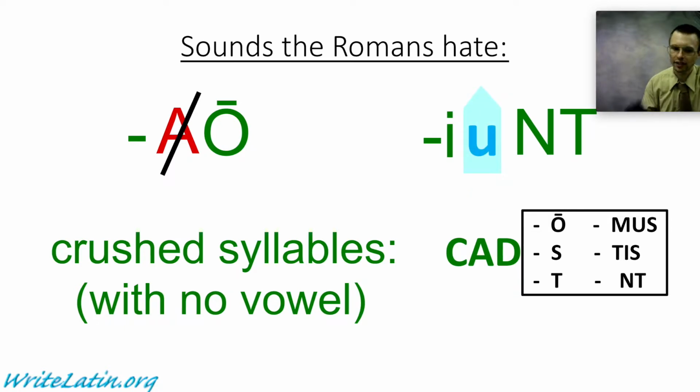And then the other exception is that Romans hate crushed syllables. Look at this. This is what it should be by the rules. Cado, cadis, cadit, cadimus, caditis, cadunt. That sounds so German. You're swallowing and spitting, and that's not the rat-a-tat-a-tat-a Latinate Romance language style. So what's going to happen here is that the smallest, most unassuming vowel will slip in.